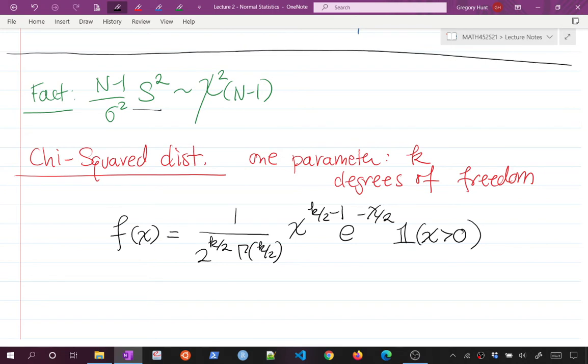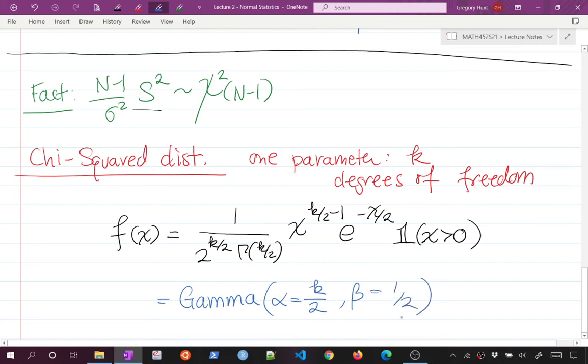And it turns out that this is just a special type of gamma PDF. It's a special case of a gamma. It's a gamma random variable where alpha is degrees of freedom over 2 and beta is a half.